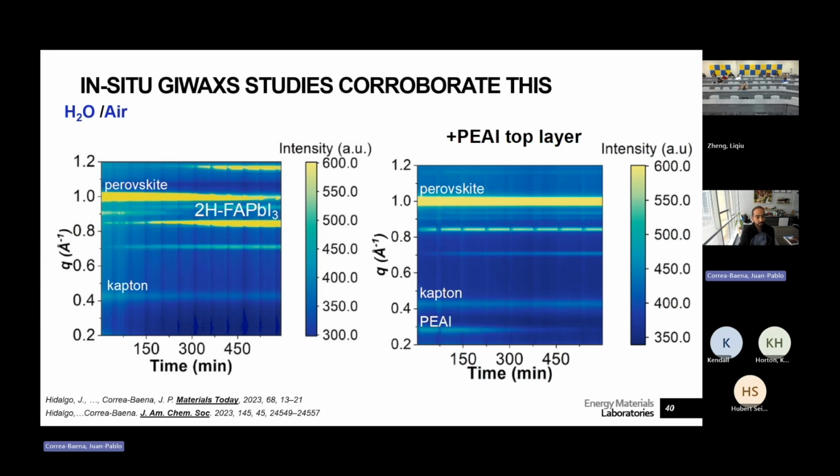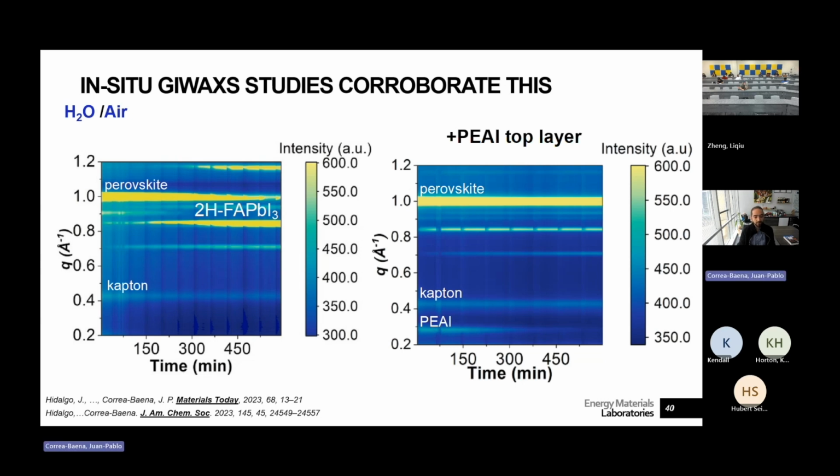You can see that when we have this 2D structure on the surface, the perovskite doesn't degrade. And so this is what we think is happening with our system: we are preventing the degradation when we put these materials on the surface. So the surface plays a role, but it might not necessarily be that it's passivating electronically, it's just protecting your sample from degradation.